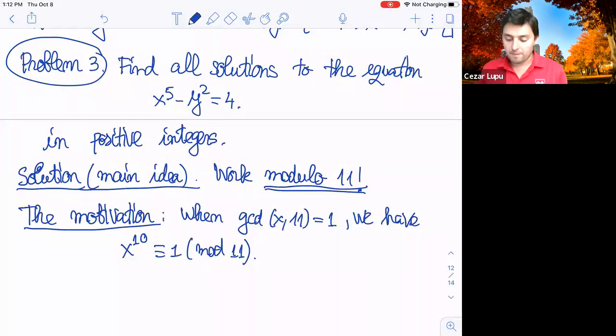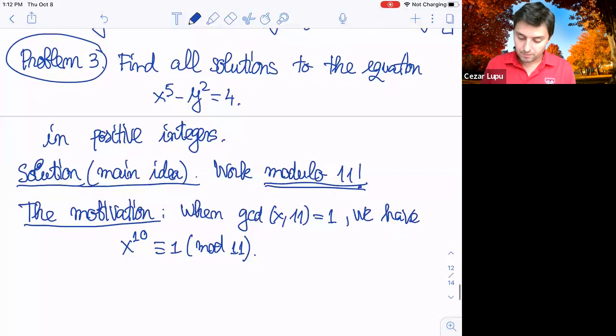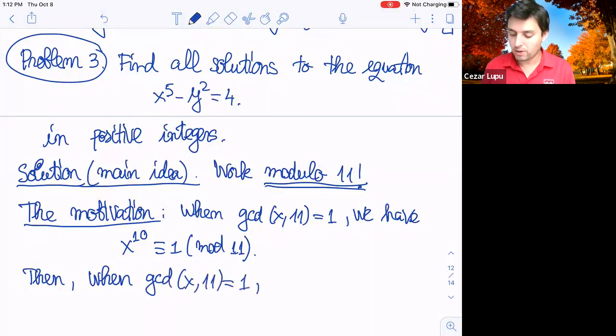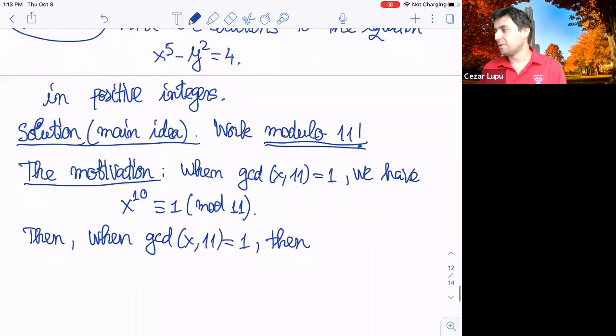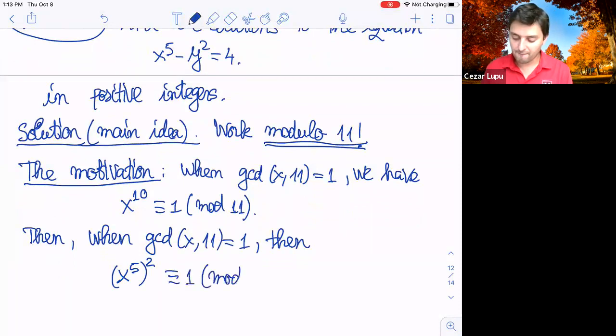And then when x and 11 are relatively prime, you can do a magic trick here. We can write x to the 5th, and you square this, so this is congruent with 1 mod 11.